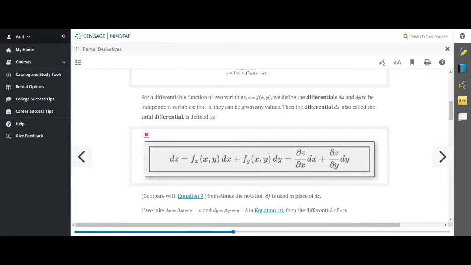So in your homework for section 11.4, you'll have an example, for instance, if you take measurements for something, like maybe for a box, and you have possible errors in your measurements.